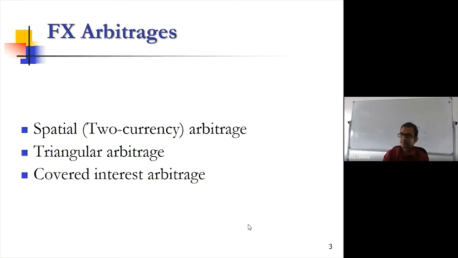All these three arbitrages are linked to three concepts that we learned. Spot arbitrage is linked to bid and offer. Triangular arbitrage is applicable to cross rates. Covered interest arbitrage is linked to forward pricing.